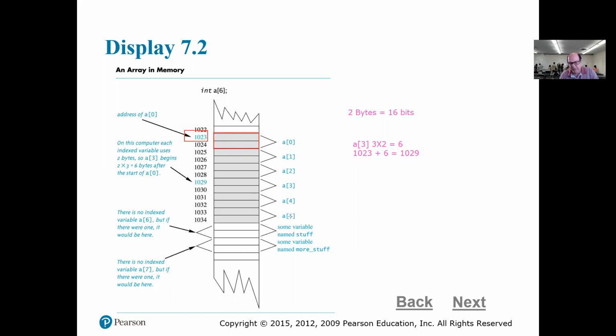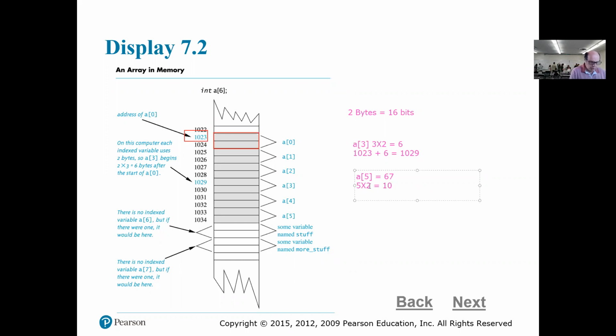Now, remember, 5 is the size. If I made a mistake and said A[5] equals some number, what is it going to do? It's going to take the 5, multiply it by 2, and get 10.